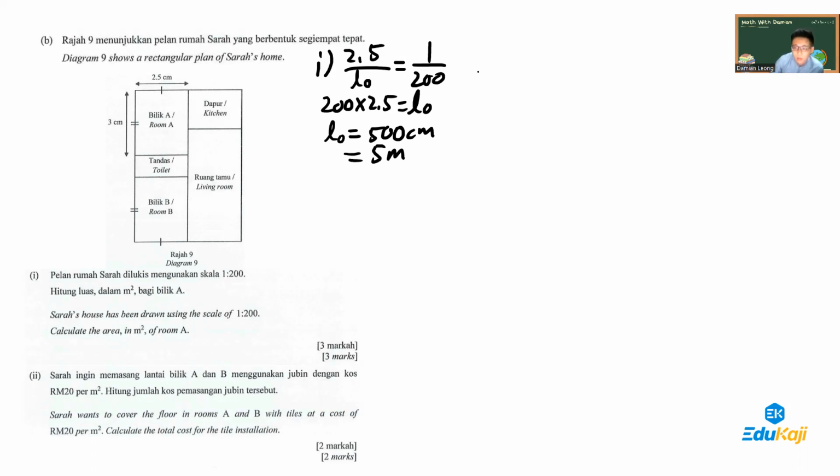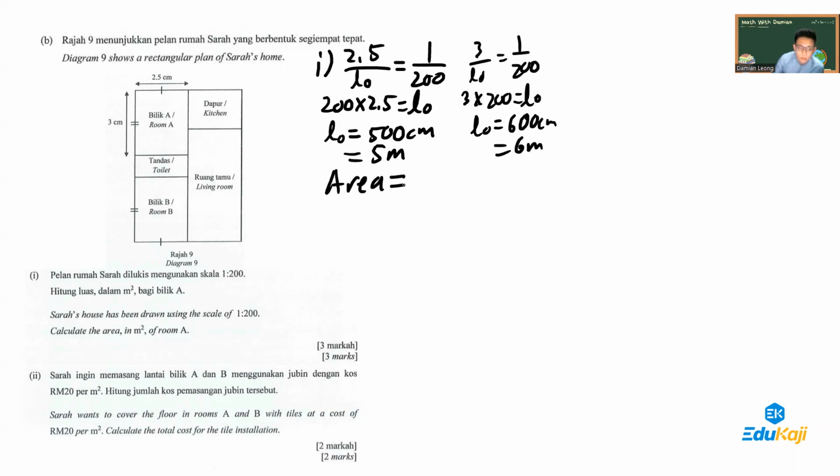And the other one, 3 cm. 3 over length of object is 1 over 200 as well. So 3 times 200 is the length of object, which is 600 cm or 6 meters. So the area of the room is just 5 times 6, 30 meters square.